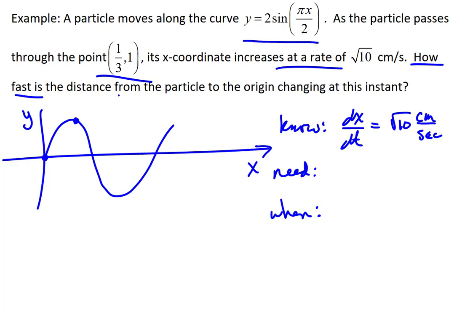So we need, the question is, how fast is the distance from the particle to the origin changing? Well, that distance I will put here in orange, and we have to give that distance some kind of name. But let's also recall that we could create a triangle in this picture to help out, where that distance we need is part of the triangle, the right triangle in this case.